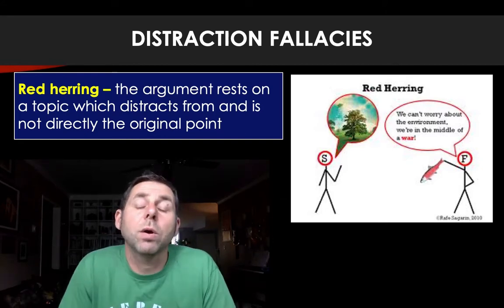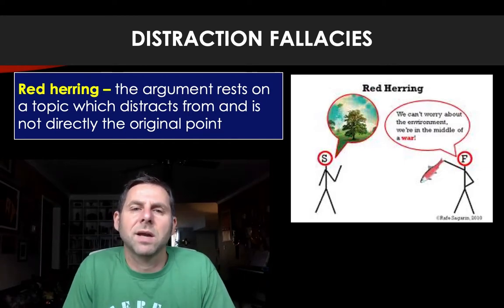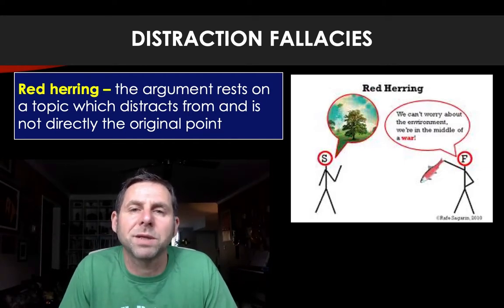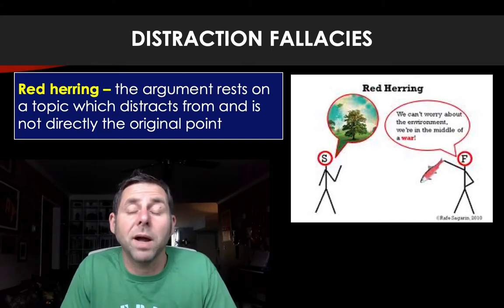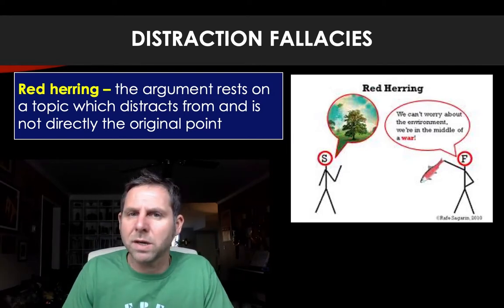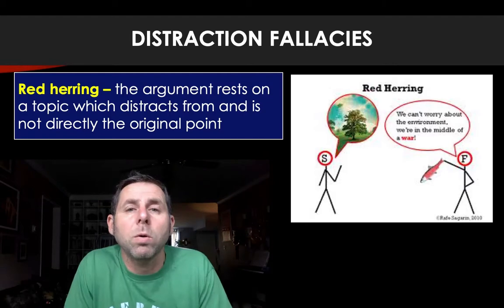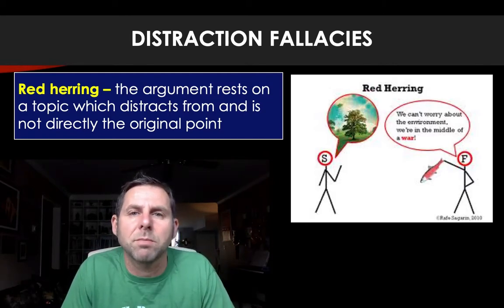Or let's say we're talking about whether the United States should legalize marijuana. And you start bringing up the damage that, let's say, cocaine has done to Colombia. Well, that's really interesting. But we're talking about marijuana, not cocaine, right? Or let's say you're talking about the damage that marijuana can do to teenagers.